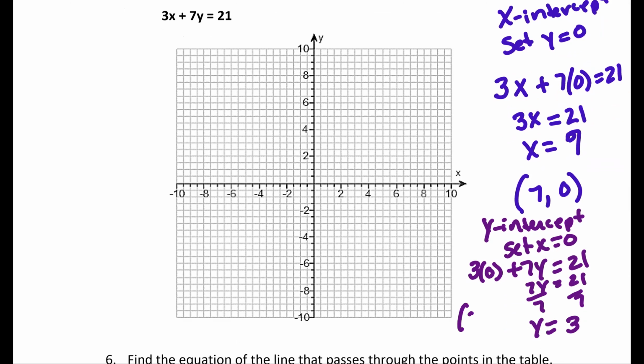So that gives us an ordered pair of (0, 3). And now we will graph this. Go over 0, up 3. And go over 7 and up 0. And connect the dots and you have graphed the line.